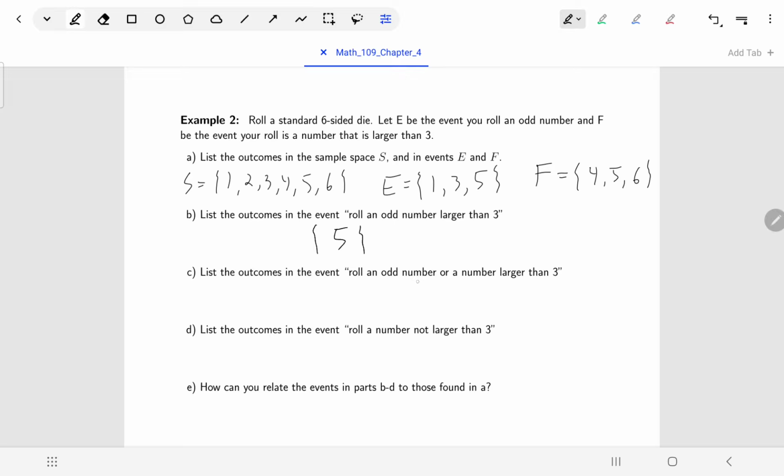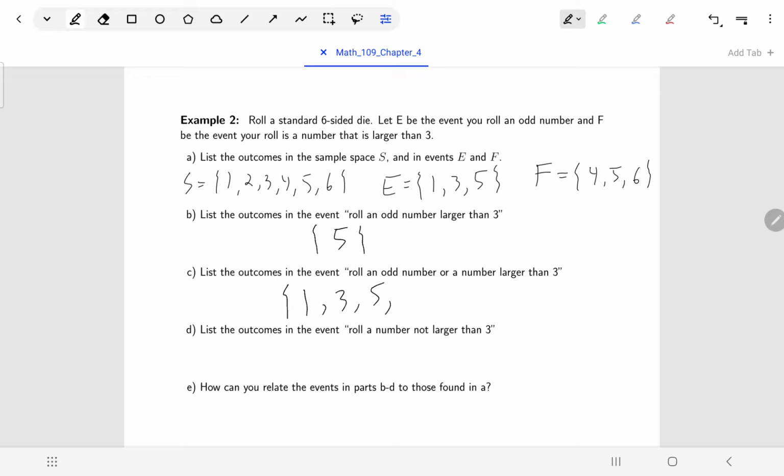If we wanted to roll odd numbers or numbers that were larger than 3, and again, remember that the word or, we're using that in an inclusive sense. So odd numbers or larger than 3, or both, maybe odd numbers which are also larger than 3. So if you roll a number that's odd, you're rolling a 1 or a 3 or a 5.